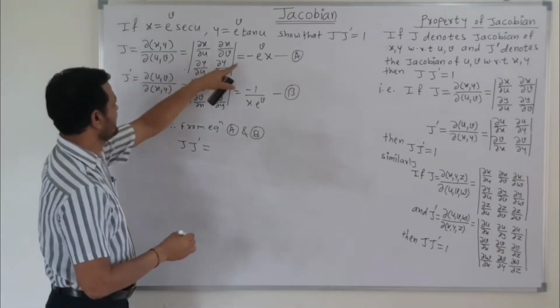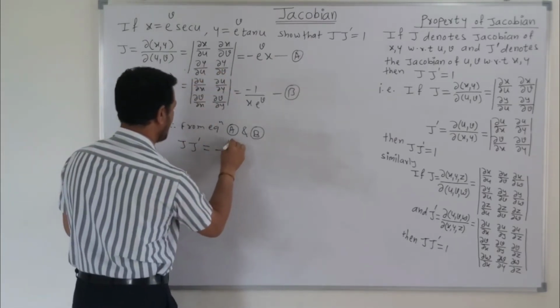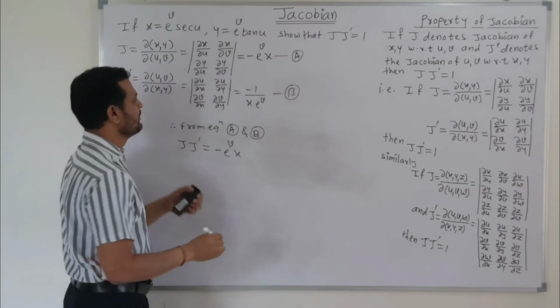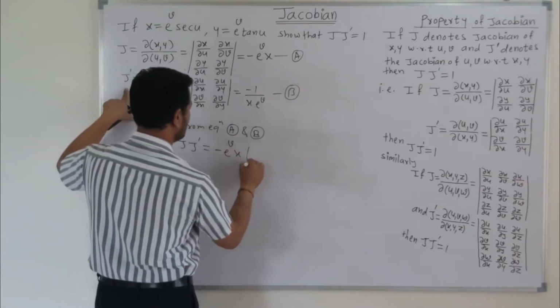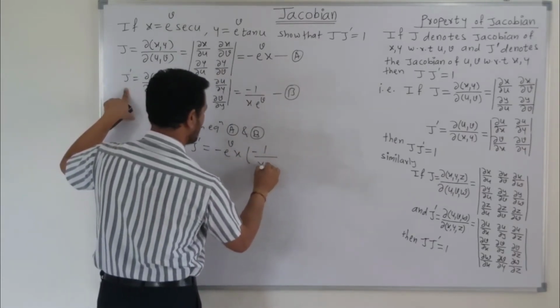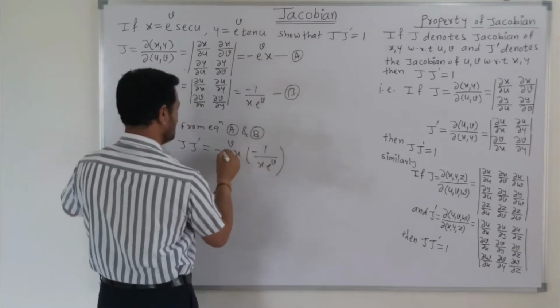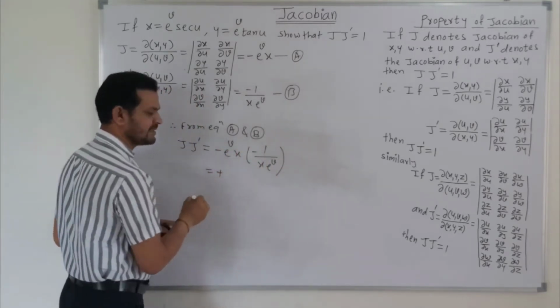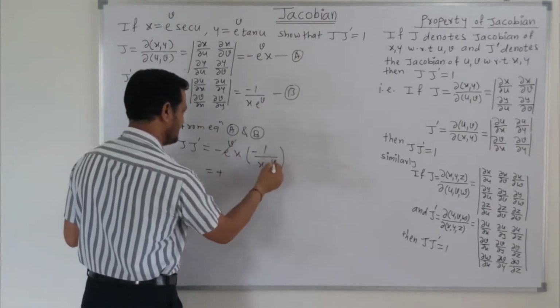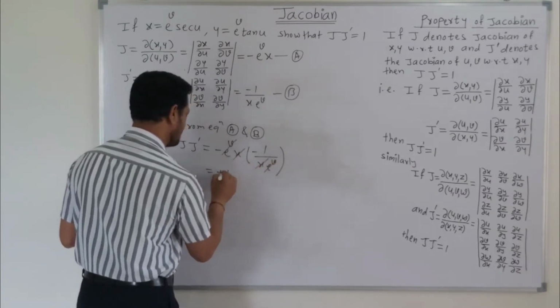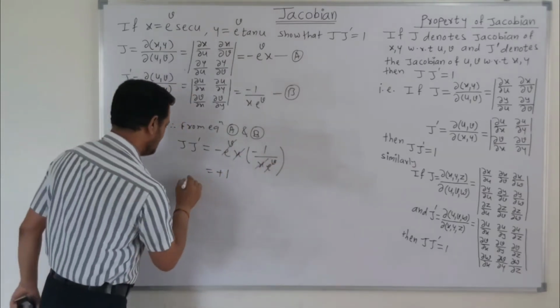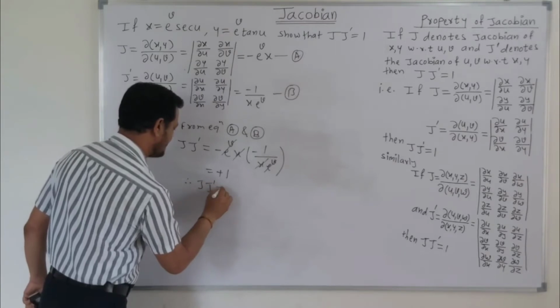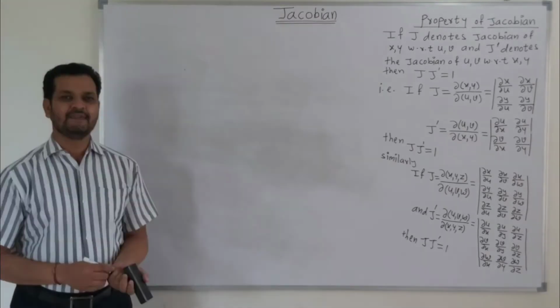The value of j is minus e raised to v into x, and the value of z dash is minus 1 upon x e raised to v. So the minus becomes plus, then e raised to v and e raised to v, and x will be cancelled, and this value is 1. So therefore we can write j into z dash is 1.